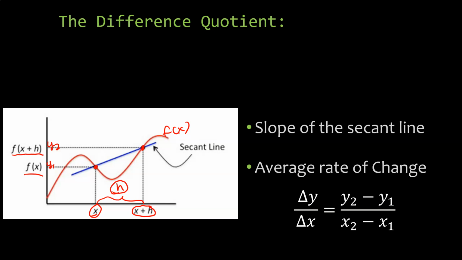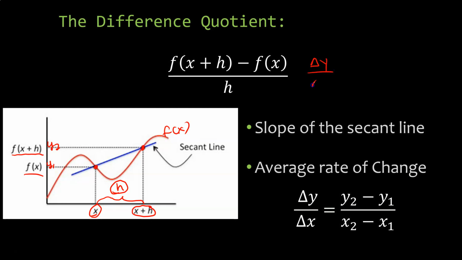So what we have is f of x plus h minus f of x, all divided by h, which represents change in y over change in x, and we define that as the difference quotient. That's in an algebra class.